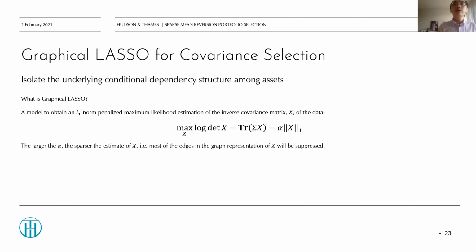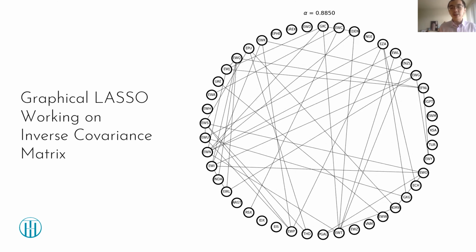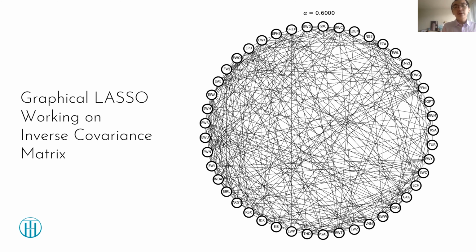I hope you can see the animation now. So you can see as the alpha increases, the edges in the graph are just disappearing. So you can always use ArbitrageLab to select the optimal alpha to achieve the sparsity you want. And here is the actual covariance matrix obtained from the graphical lasso model.